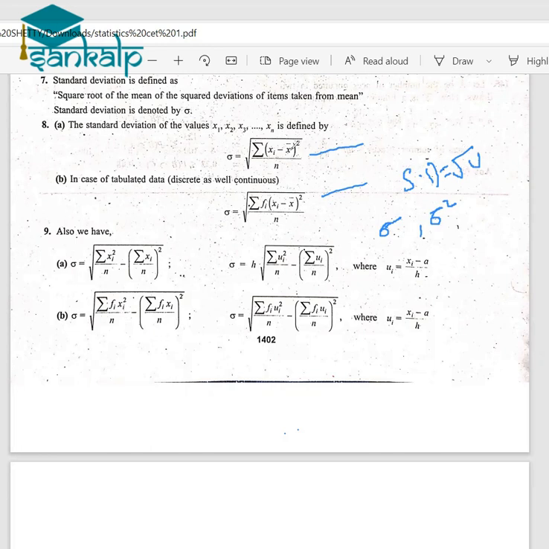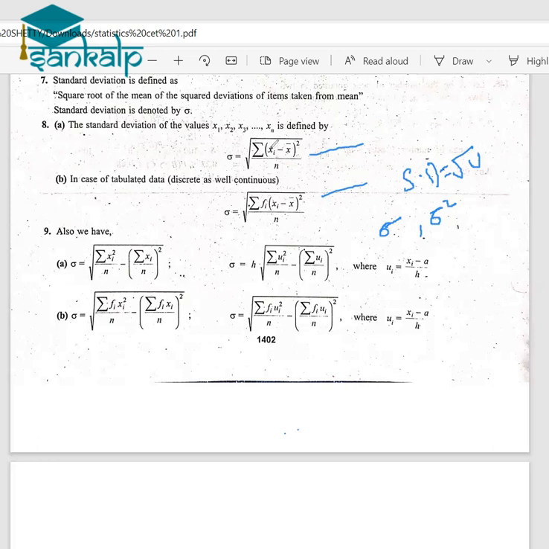Now, the same formula for ungrouped data can also be written in the form of sigma is equal to square root of sigma xi square upon n minus sigma xi upon n whole square.